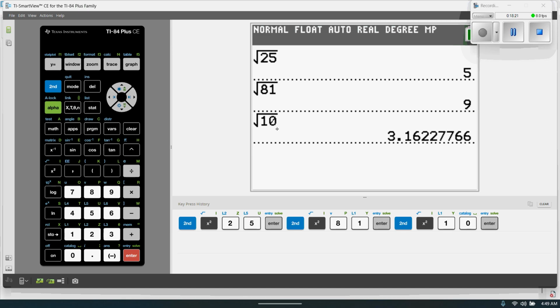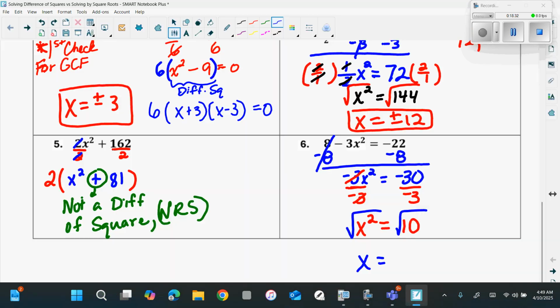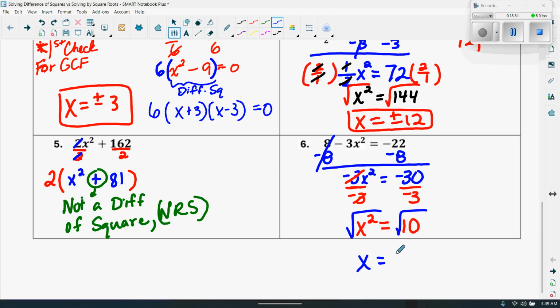But basically what they'll do when they show an answer choice, because this 10 does not come out to be a whole number, let me show you real quick. They would say the answer is plus or minus the square root of 10, because that radical does not simplify to a whole number.